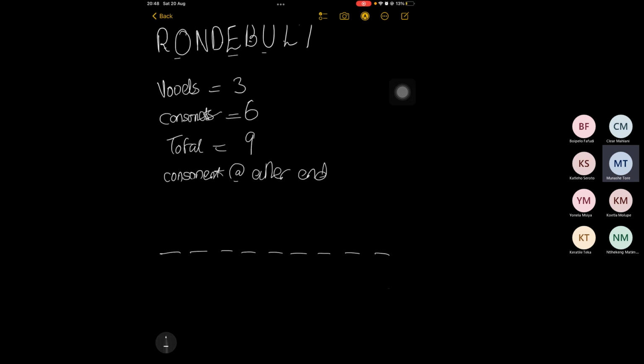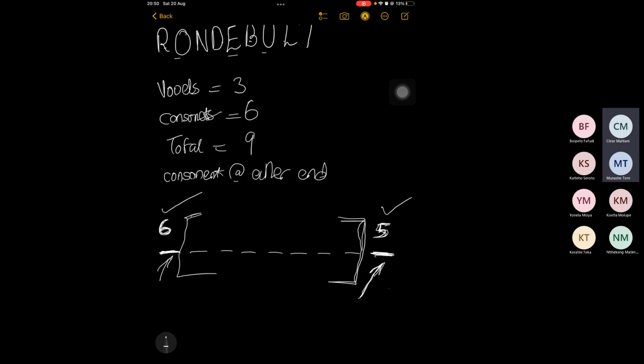We have 6 consonants that can fit in the first position. Then if we take out one consonant from the first position, 5 consonants are left for the last position, because the same consonant cannot be included again. Then how many letters are left for the middle?